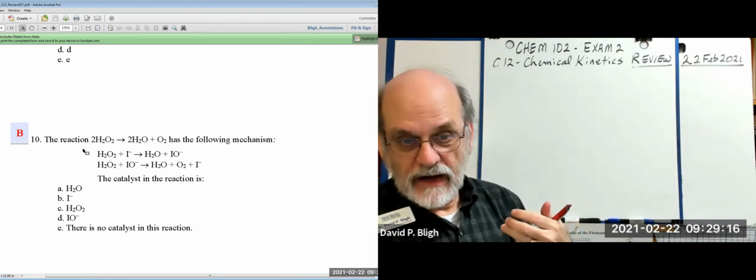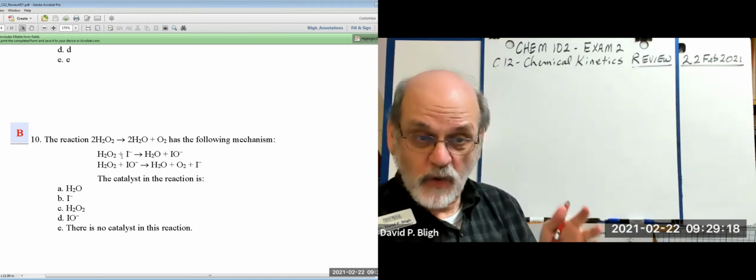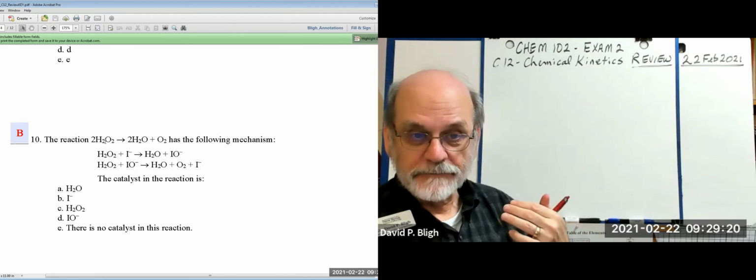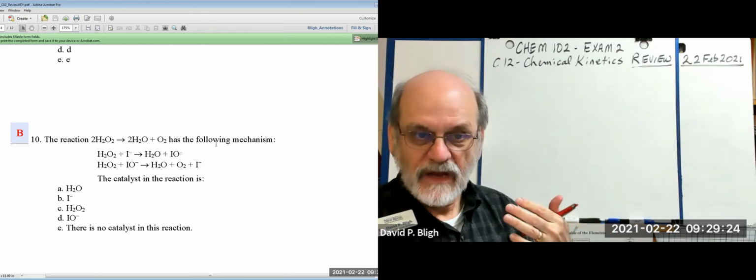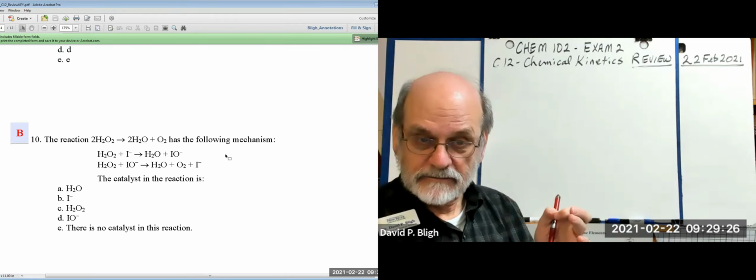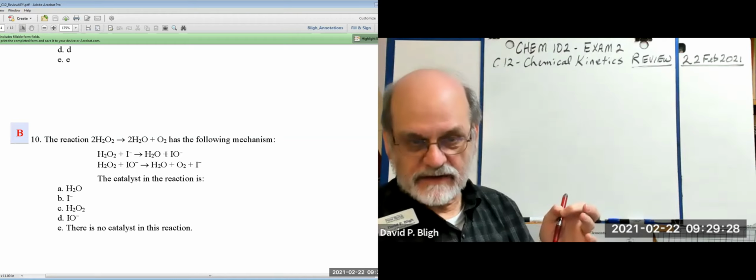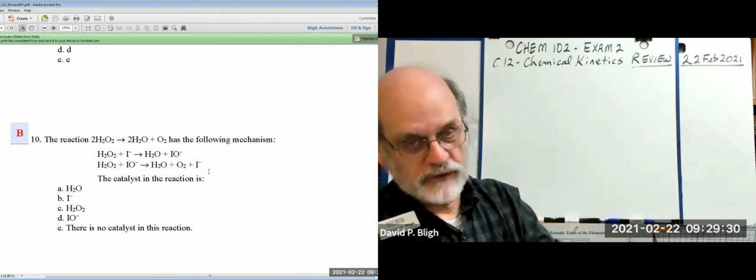So, based on everything that's given in this question, the reaction of hydrogen peroxide to yield water and oxygen, when it's catalyzed, has this mechanism. At least that's a proposed mechanism.